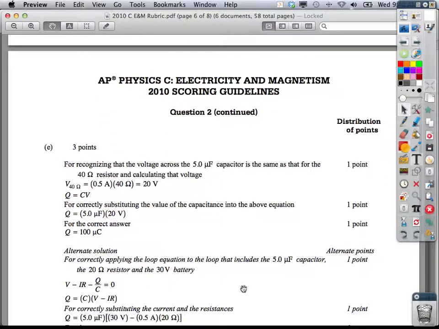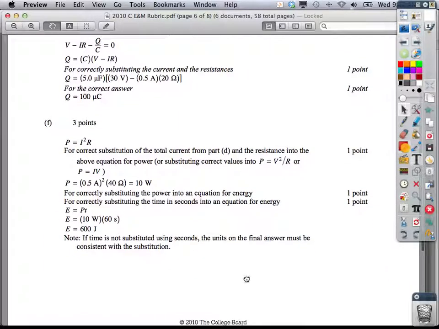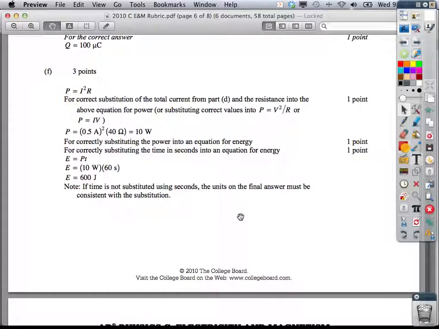Yeah, the current's obvious. E. Okay, that one's fine. And then this one, I forgot to square it. I added a 10 instead of squaring it. So yeah, you should get 10 watts. And then that would give you 600. Okay? And that is it.